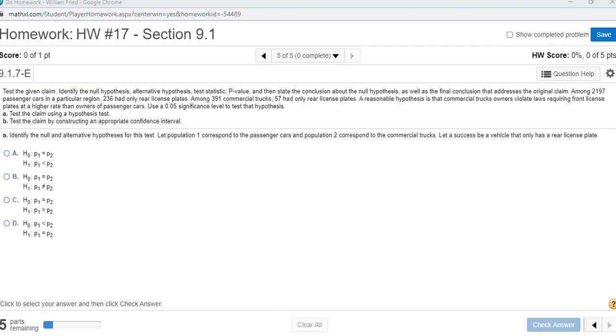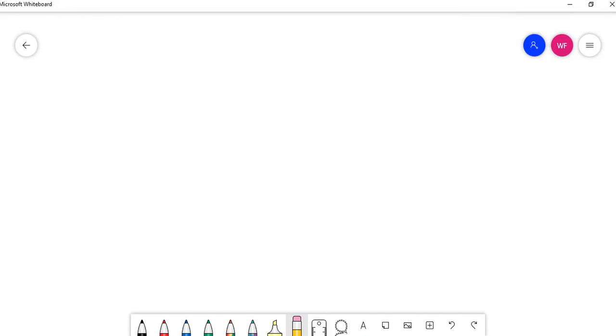So I'm going to write down the claim: P1 is less than P2.